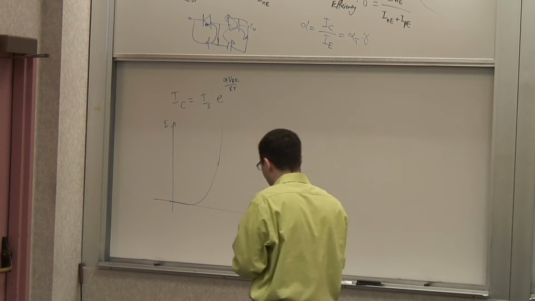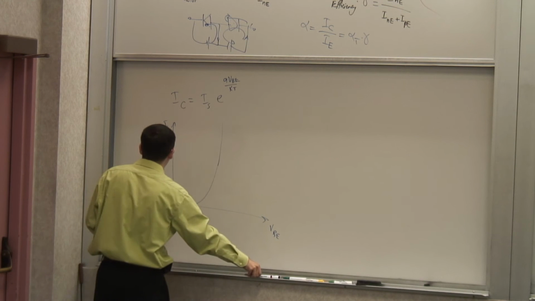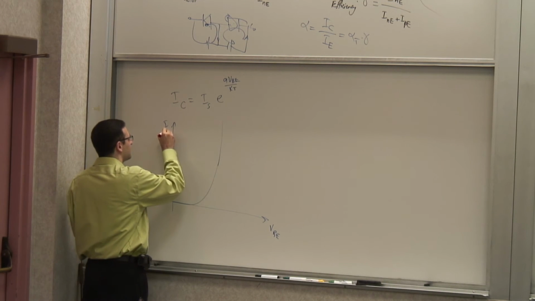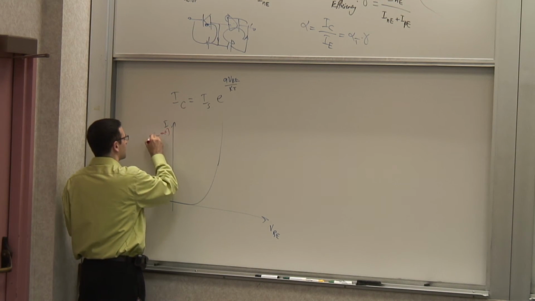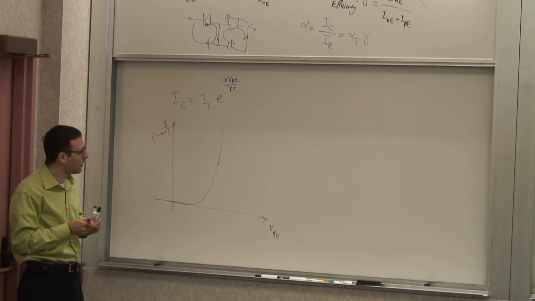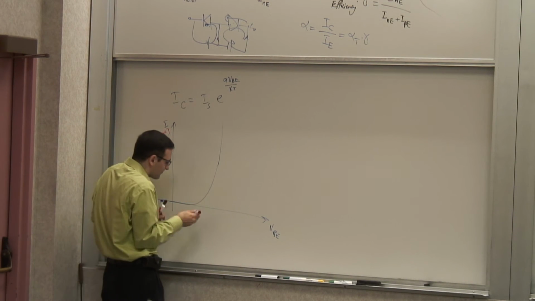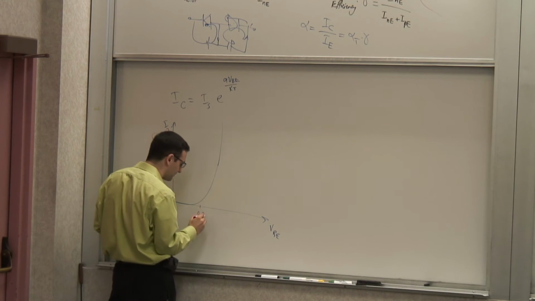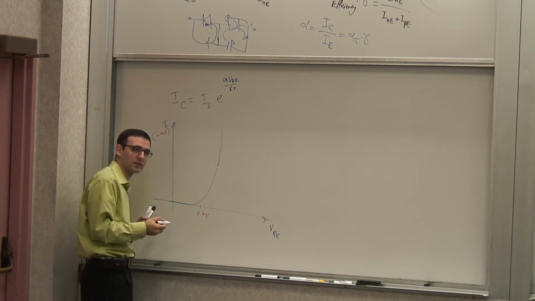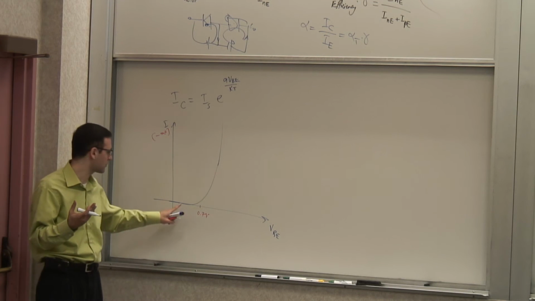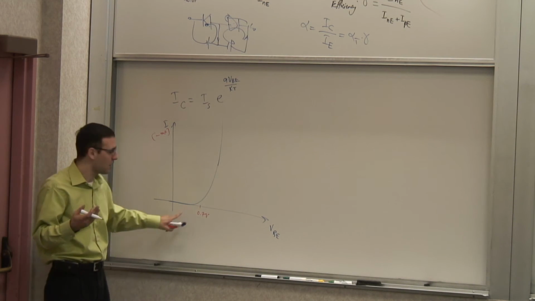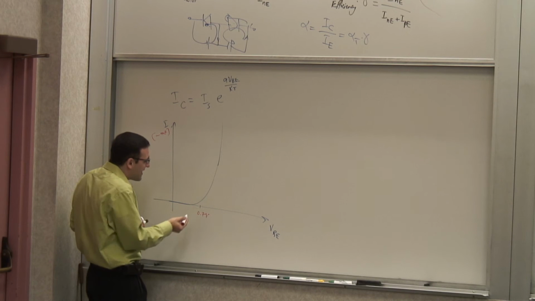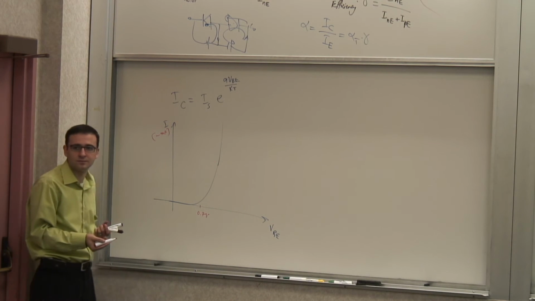Well, if you look at this graph and plot it on the scale of, let's say, milliamps or tens of milliamps, what you see is that below 0.6, 0.7 volts for a silicon transistor, and this voltage is different for different kinds of transistors, for a germanium transistor it's much lower, about 0.3, at that point basically the current is very small.